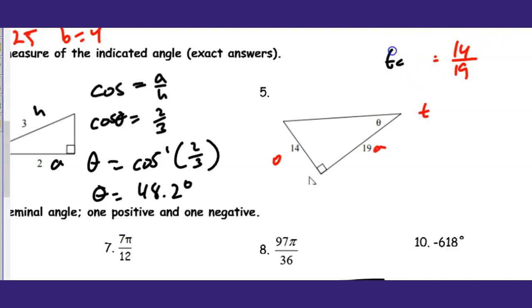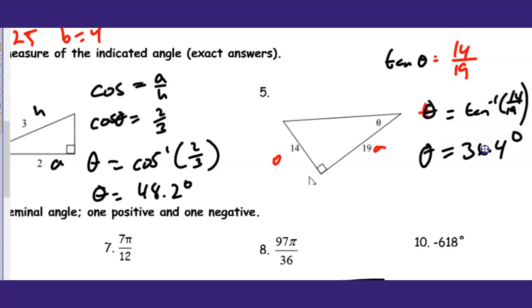Sorry about that. So we're going to end up taking the tangent inverse of 14 over 19. And when we do that, we get theta equals 36.4 degrees.